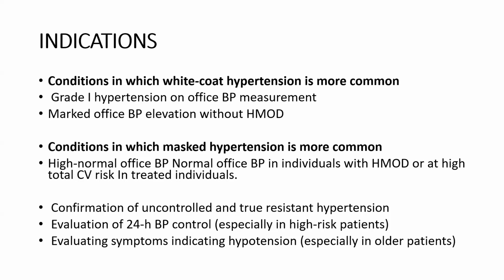It can also be indicated to confirm uncontrolled and true resistant hypertension, as well as evaluation of 24-hour BP control, especially in high-risk patients. You want to know the duration the patient is on target when taking this medication.